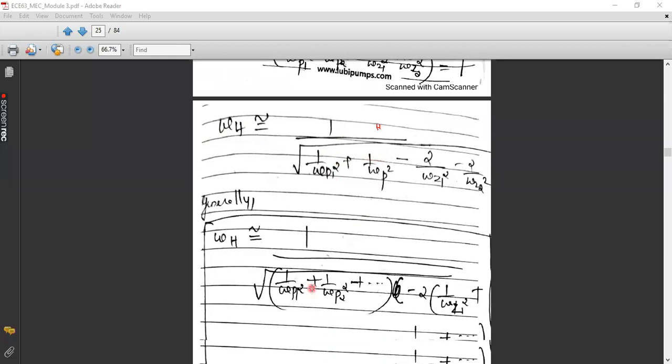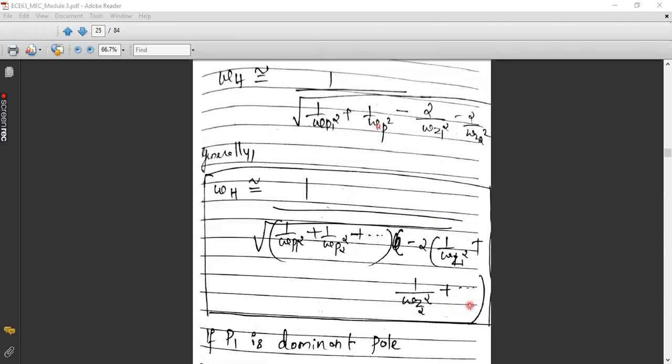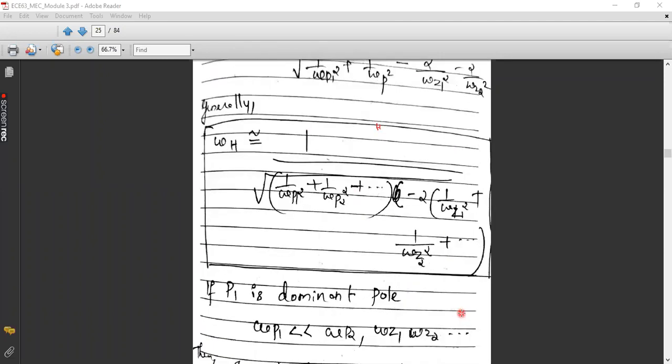So you can rewrite this equation as omega h is 1 divided by root of 1 by omega p1 square plus 1 by omega p2 square, etc. You can take minus 2 outside here. So if you take minus 2 outside, it will become 1 by omega z1 square plus 1 by omega z2 square, etc. up to 1 by omega zn square. So this is a general equation if there is no dominant pole existing.